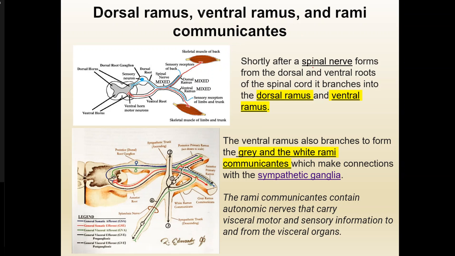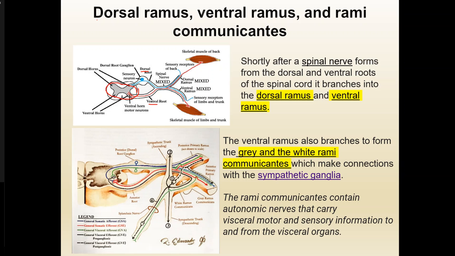And so when we look at a spinal nerve, we already recognize the roots. The roots are the two bundles, of course, the dorsal and the ventral, bundles of axons that immediately come out from the central nervous system, from your spinal cord.